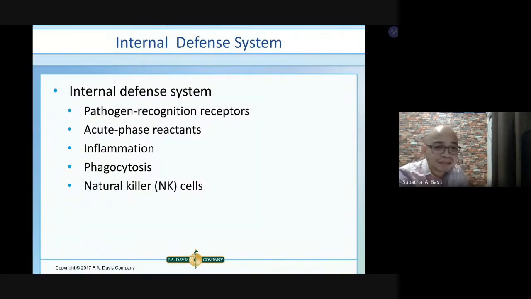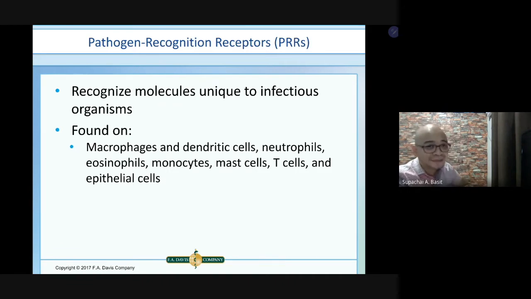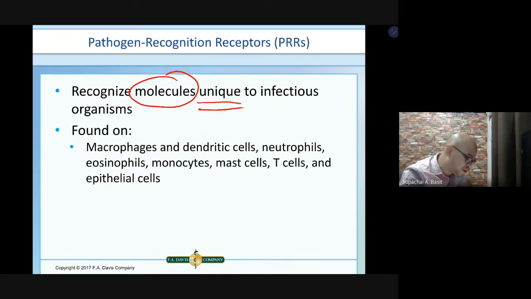Okay, so let's talk about the internal defense system. This is our outline for the internal defense system. So let's talk about the PRRs, or the so-called pathogen recognition receptors. The pathogen recognition receptors will recognize molecules, and these molecules are unique to infectious organisms.